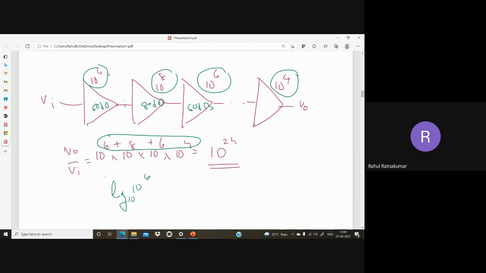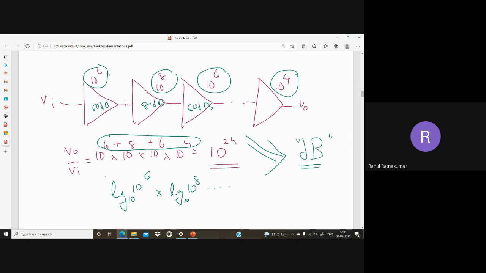Now the complicated multiplication is converted to addition. So we have log to the base 10 of 10 raised to 6, plus log to the base 10 of 10 raised to 8, and so on and so forth. I just need to add these dBs, or add these coefficients, because I'm taking log, right? That is why, instead of multiplying these big numbers, we convert these gains into decibels.